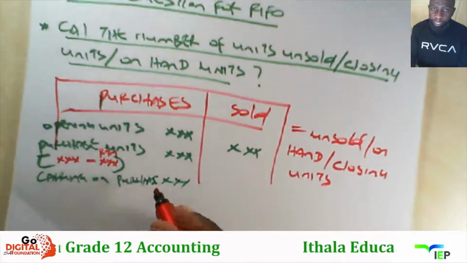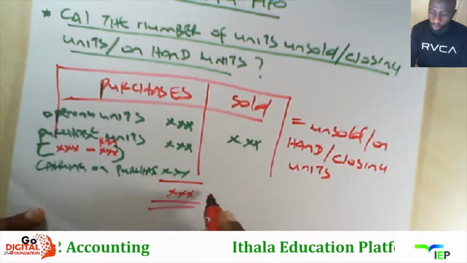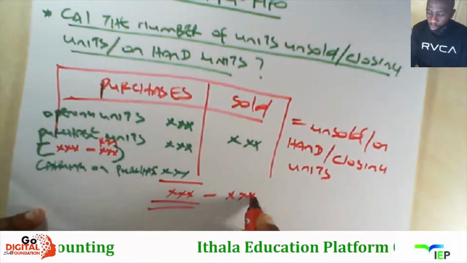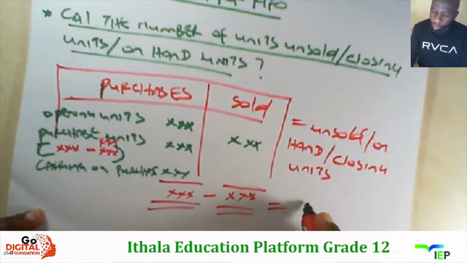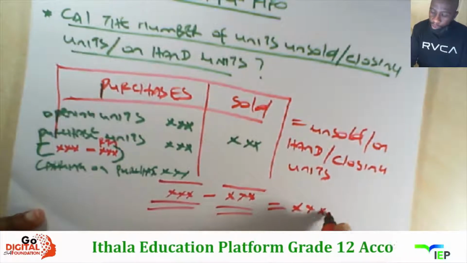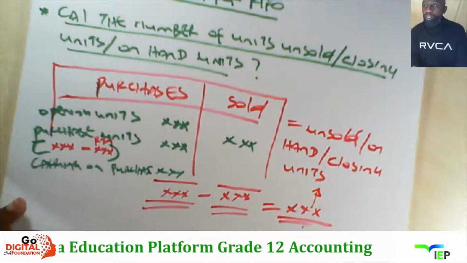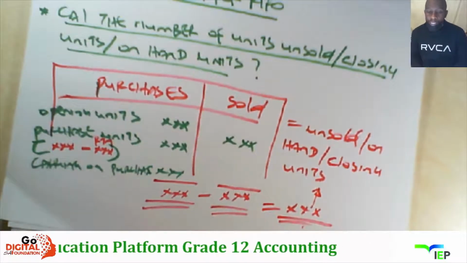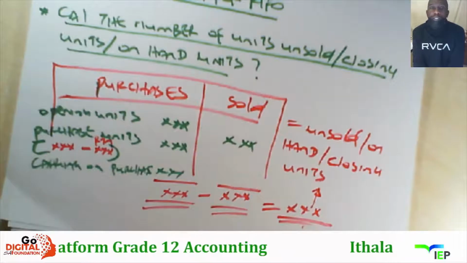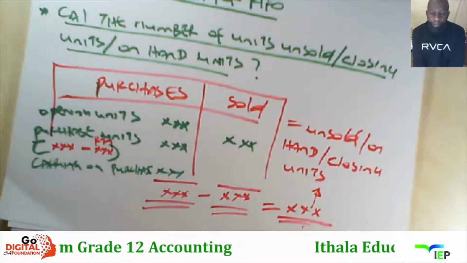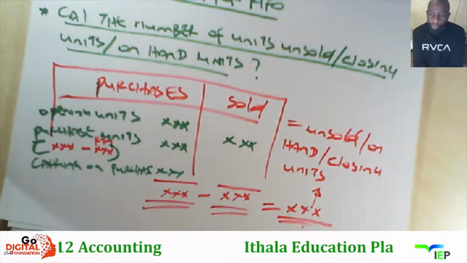Then the difference between these two is equal to the units on hand, the unsold. That's the first question you can come across when you are doing FIFO, first in, first out.